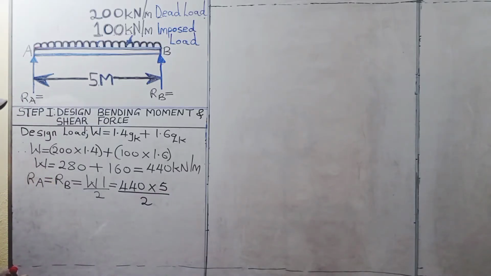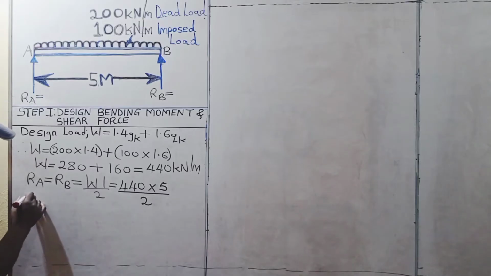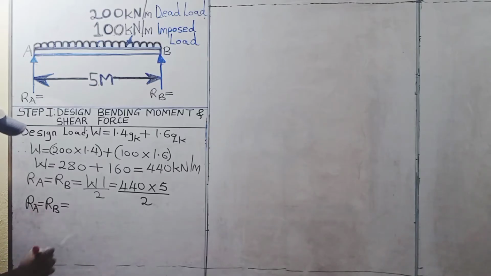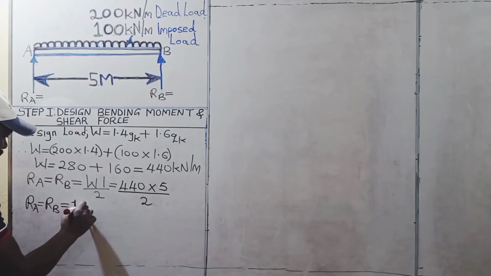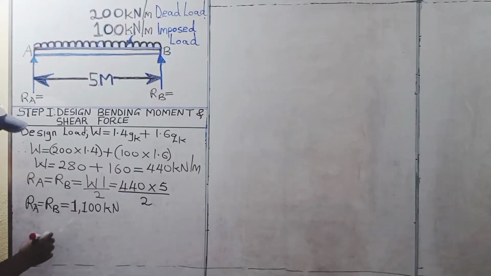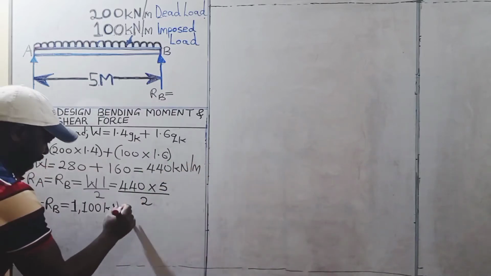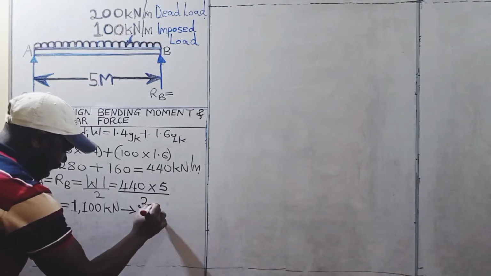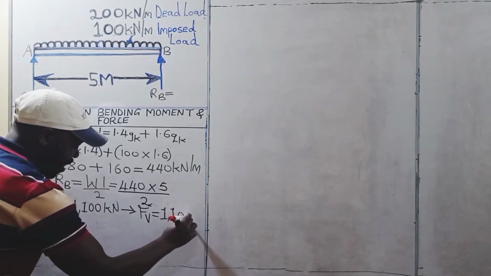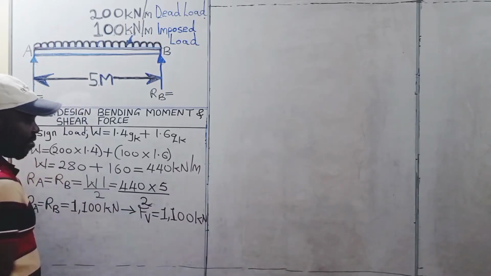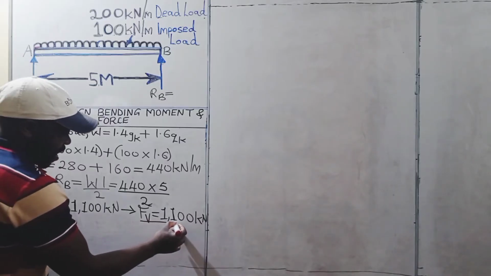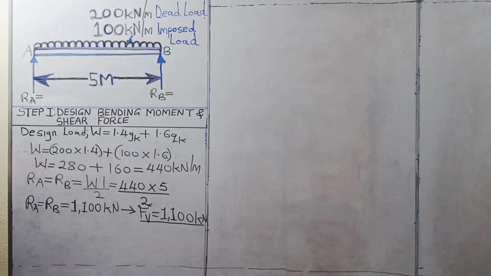And when we do so, we are going to have the reaction at A being equal to the reaction at B being equal to 1100 kilonewtons. And we know that the reactions are equivalent to the shear force. Therefore, the shear force will also be 1100 kilonewtons. Therefore, that is the shear force.